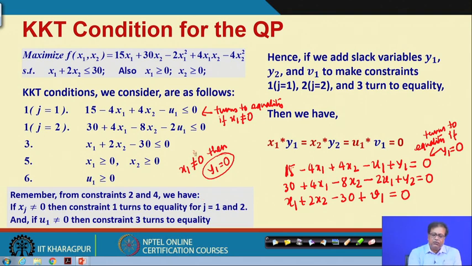So if x1 is not equal to 0, then y1 should be 0, because in both cases it turns to equality.